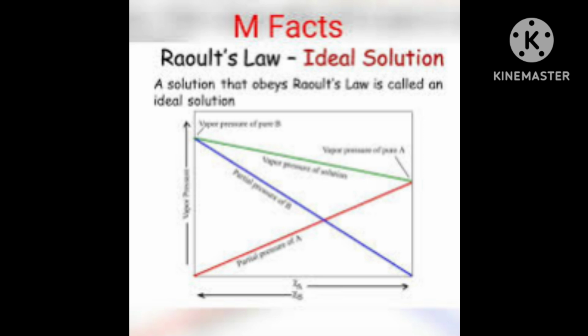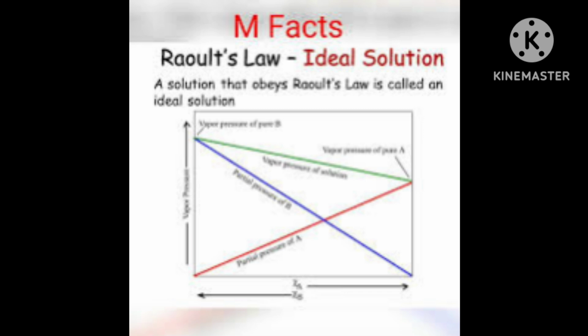Then now you got 2 vapor pressures. For component 1 the vapor pressure is P1 0, and for the second you got P2 0, but P2 0 is higher than P1 0. Correct?